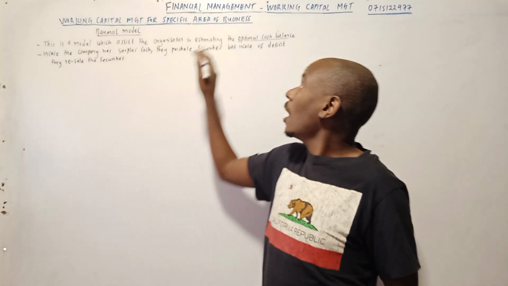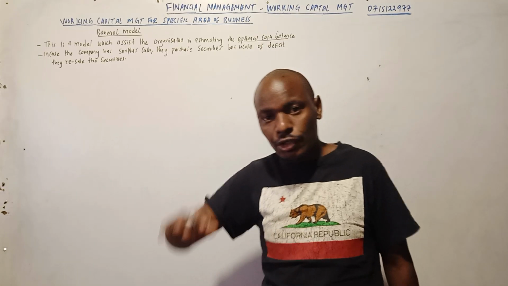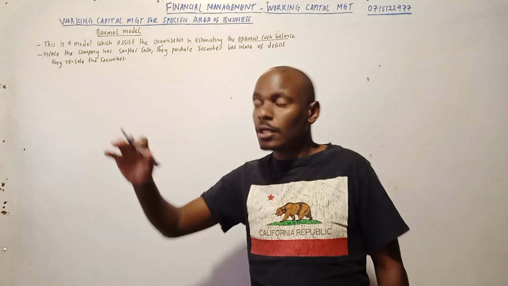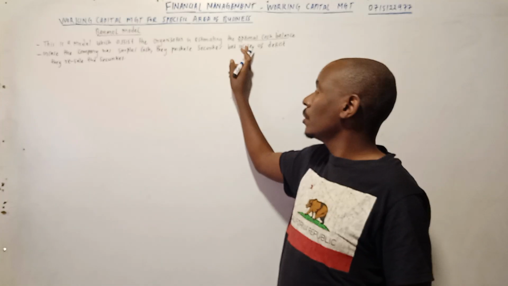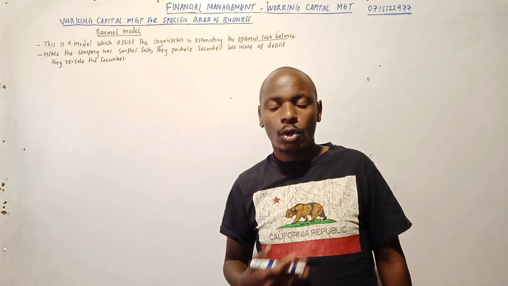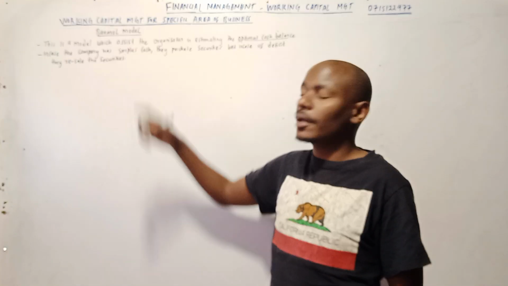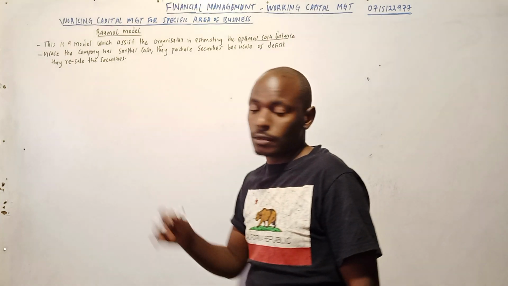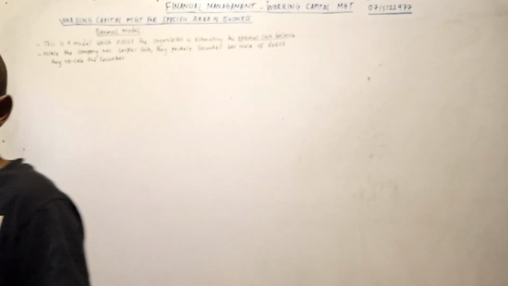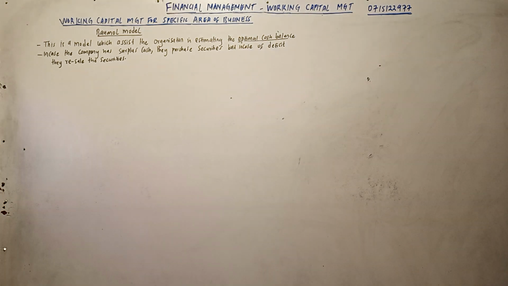Now, in case our cash balance has reduced to a level below our optimal balance, what do we do to come back to our cash balance? We sell back the securities to get the money back. That's how we maintain the optimal cash balance.